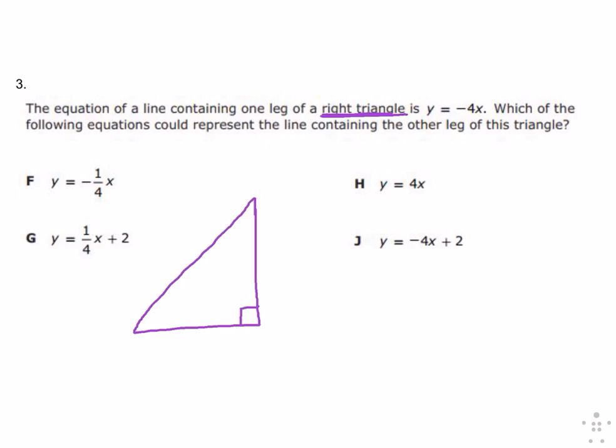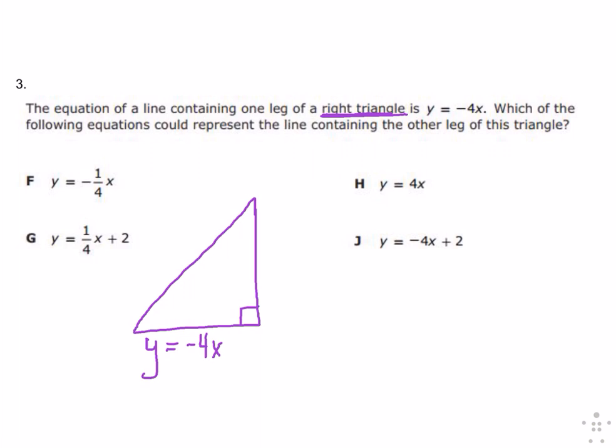And it says that one of the legs of the right triangle has this equation of y equals -4x. So we'll just pick a leg. Now I didn't really draw this triangle exactly in the correct position, but for the purpose of this question, you don't actually have to see what the triangle would look like on the x and y axis.